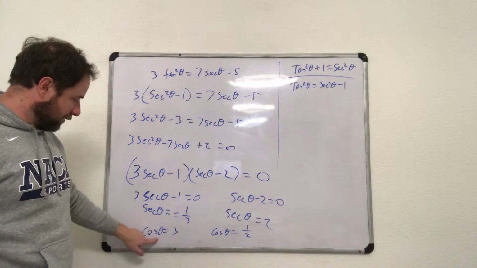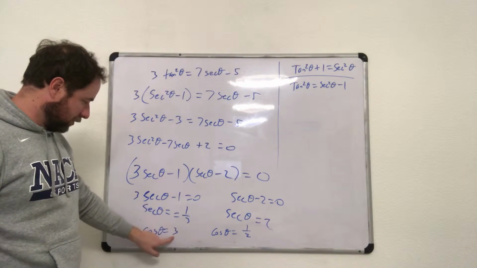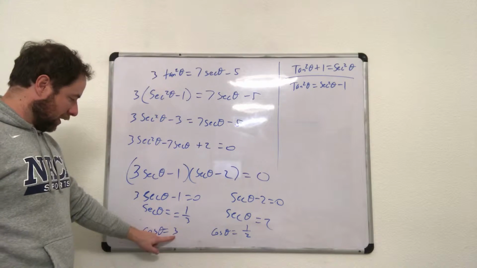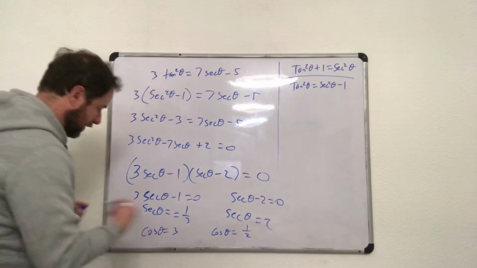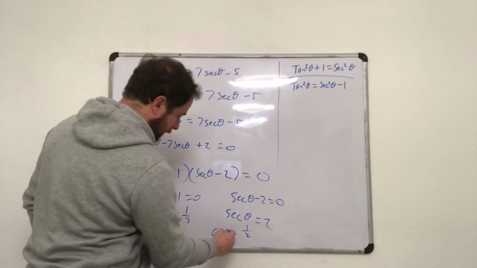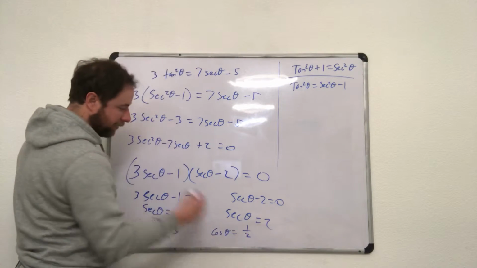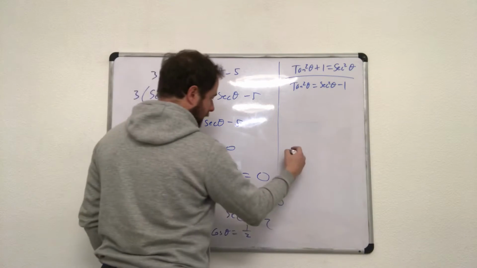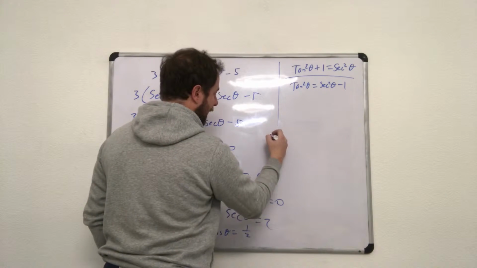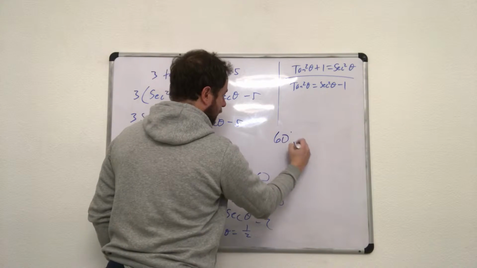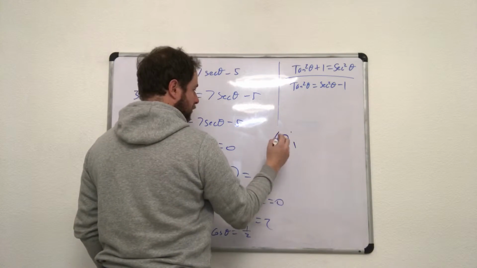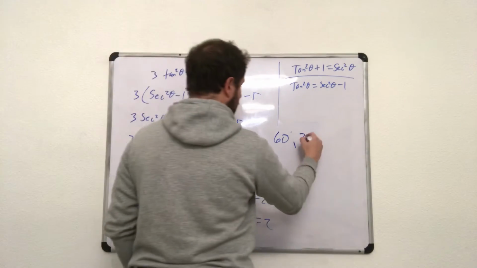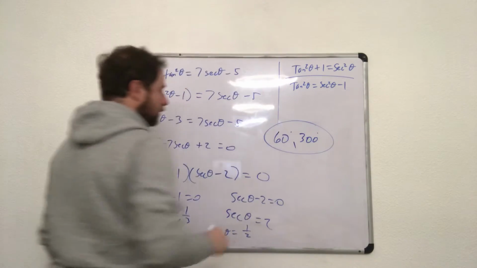So if you write cosine theta, you have to flip your answer to 3, and 1/2. Now we know that cosine can't be greater than 1, that's impossible, so this one is out. So the question is, when is cosine theta 1/2? You know how to solve for this. You will find that cosine theta is 1/2 at 60 degrees, and we know that there's never just 1, there is always 2, so it's going to be 60 and 300 degrees.